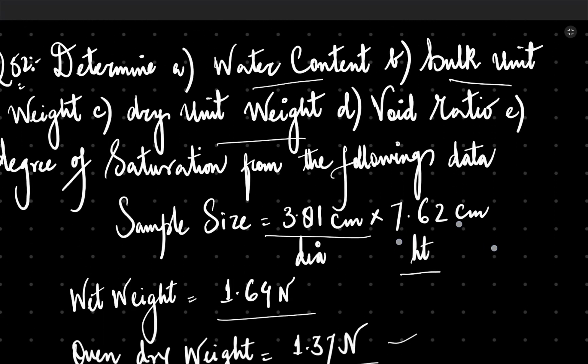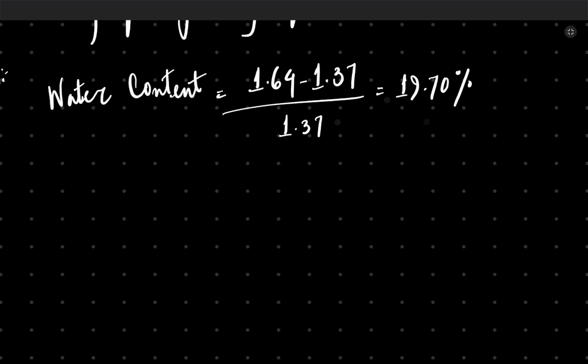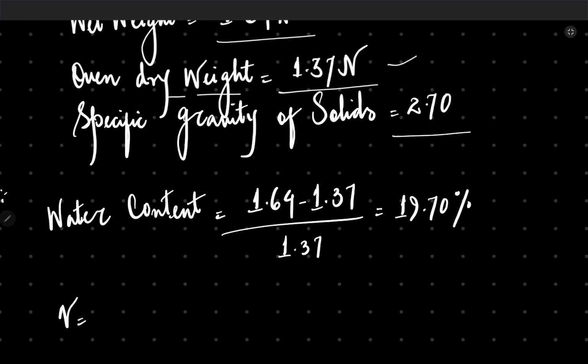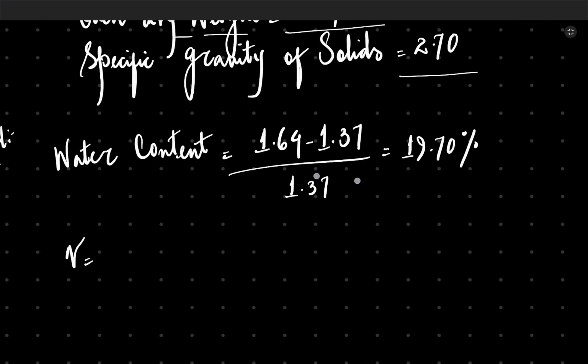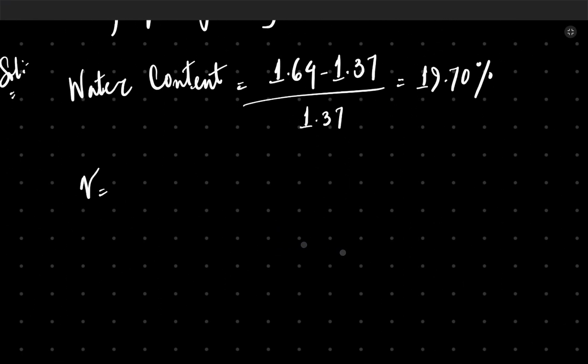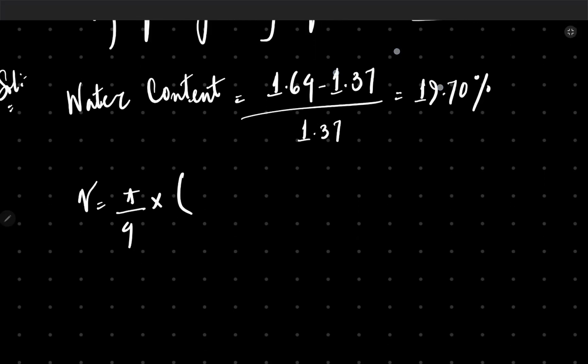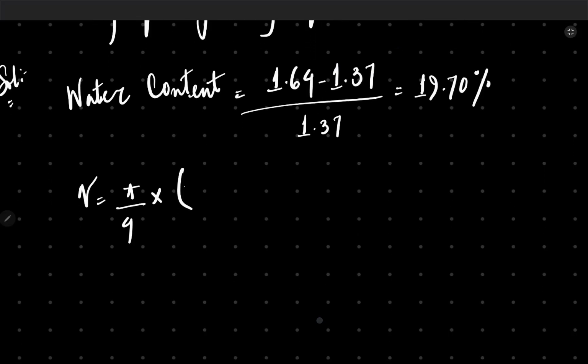All right. After that, bulk unit weight. For bulk unit weight, let me find the volume first. The volume of the sample of the soil that was collected in that sampler, whose dimensions are 3.81 centimeters is the dia and 7.62 centimeters is the height. And we know the volume of cylinder, it is equal to pi by 4 d square, d is 3.81 centimeters, multiplied by the height.